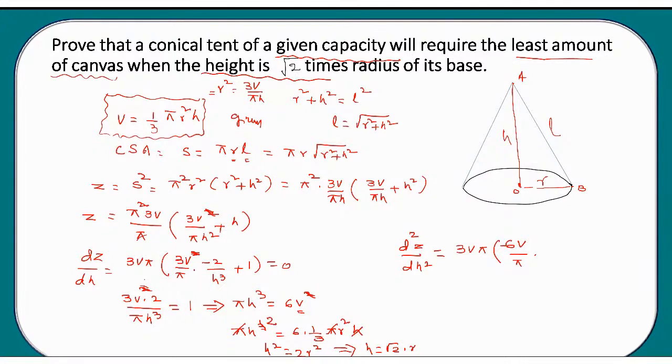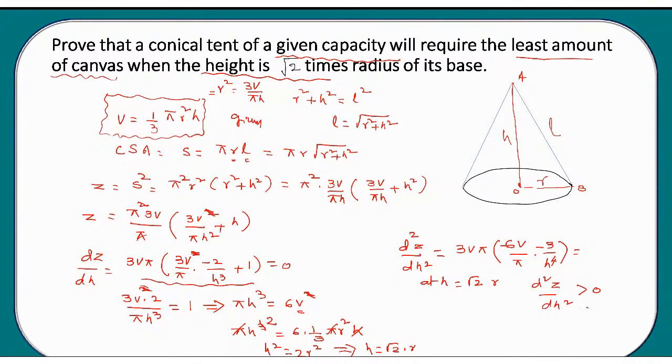This is the first derivative. Now we have to differentiate this. 1 by h cube derivative is minus 3 by h to the power of 4. The derivative of 1 is equal to 0. So if you observe this minus of minus is plus, so altogether at h is equal to √2r, the d square z by dh square is greater than 0.